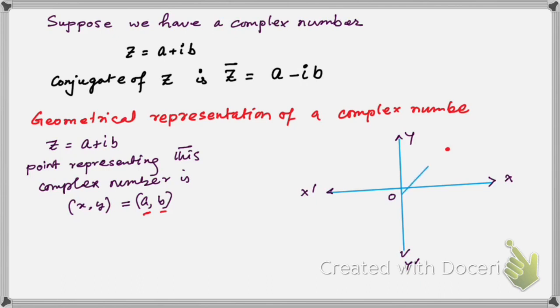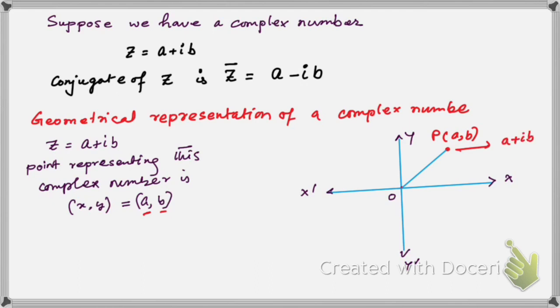If we draw a line from here, you see, just wait. So this is the point a comma b, representing the complex number a plus ib.